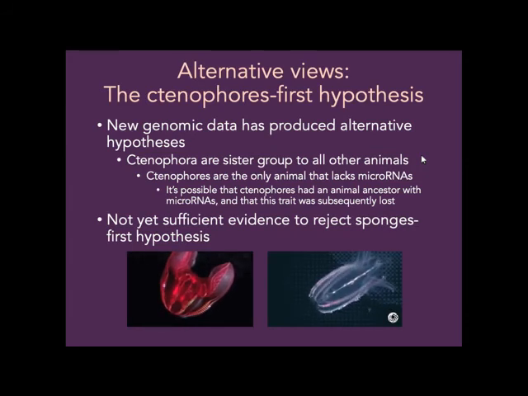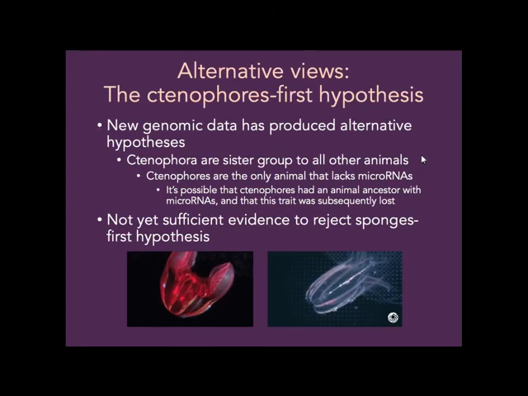Yeah, so sometimes microRNAs can get in there and modify gene expression. And it's something that's been found in all other animals, but not the ctenophores. So it's possible that ctenophores had an animal ancestor that had microRNAs and that trait was lost, but that's kind of hard to picture.